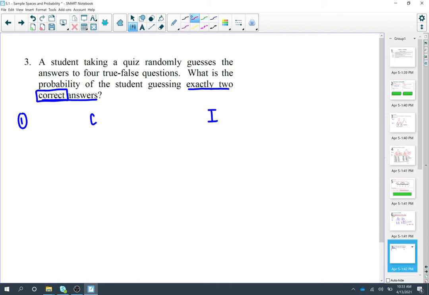Now, there's 4 questions, so now we're going to move on to question 2. Well, let's say he guesses the first question correct. That means he could guess the second question also correct, or he could get the second one wrong. Well, if he guessed the first one incorrect, he could guess the second one correct or incorrect. Moving on to question 3.